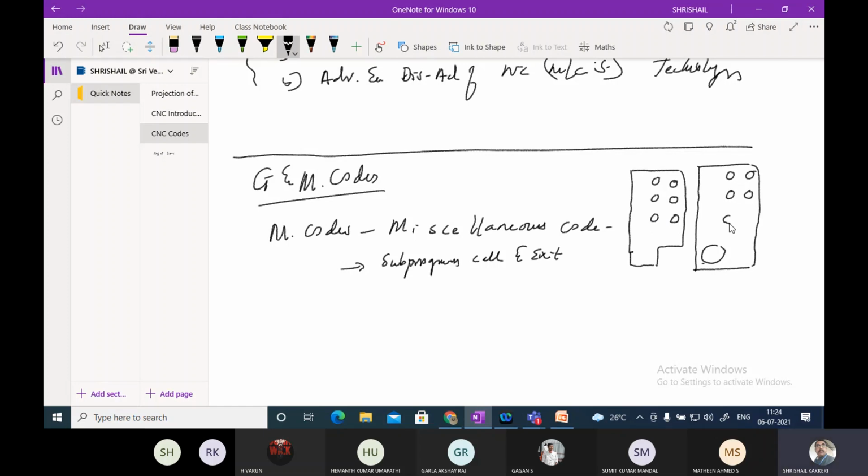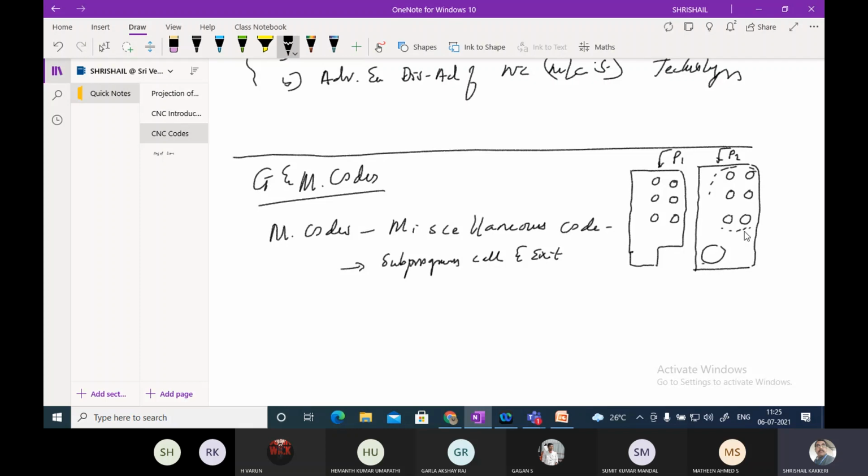Now what the programmer can do is, for part 1 and part 2, while he is doing this drilling operation, this particular program will be written on a separate sheet, and that will be called into the main program. That is called a subprogram. We are going to call them, and subprogram exit.